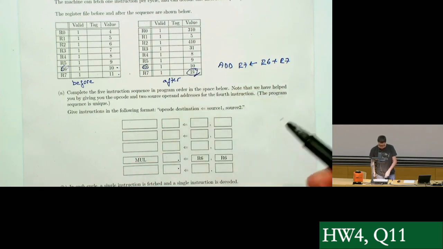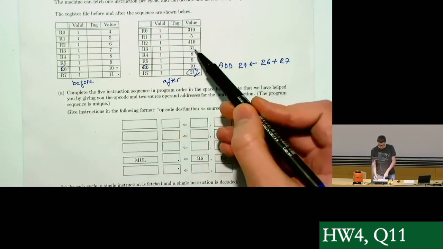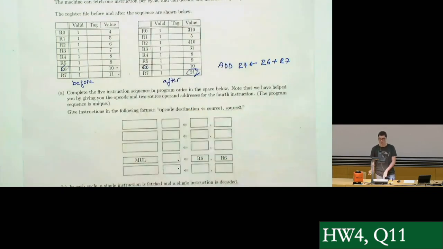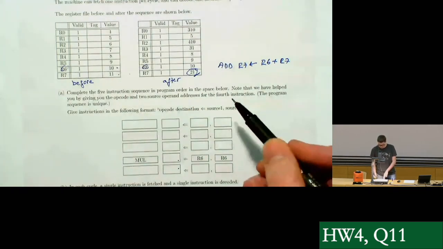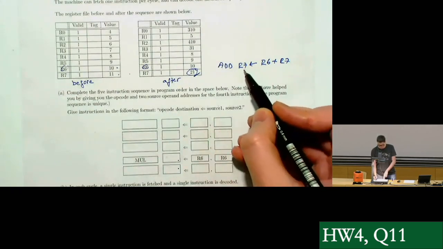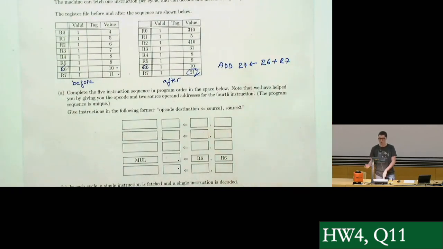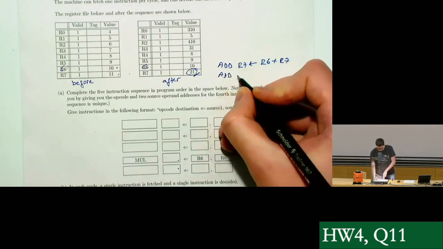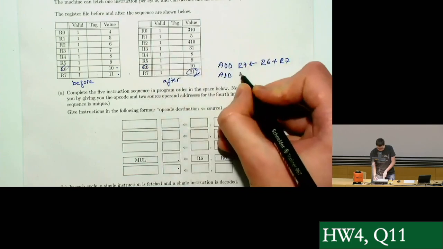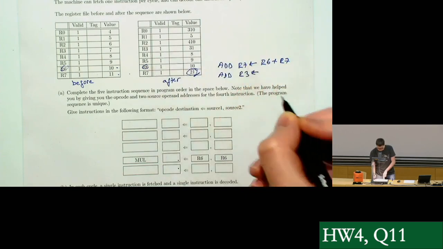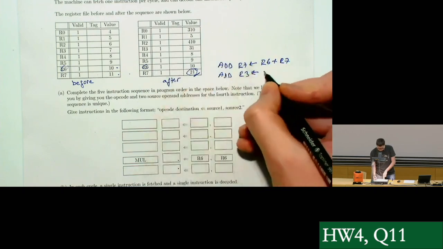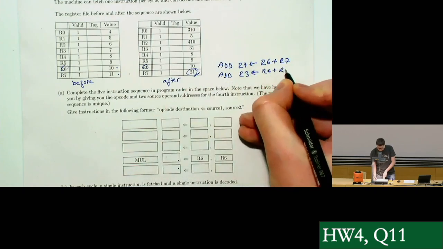So let's look at some other values that have changed. Here we see 31 in register 3, and the original value was 7, right? Given that we have 21 here in R7, we can calculate 31 by doing another add instruction. So we will be updating R3, and it will again use R6 and R7.